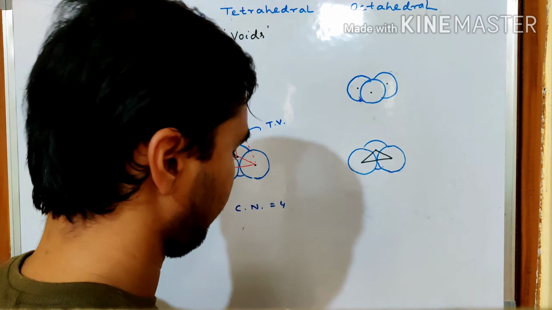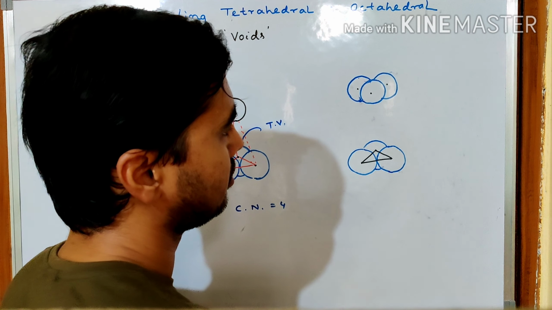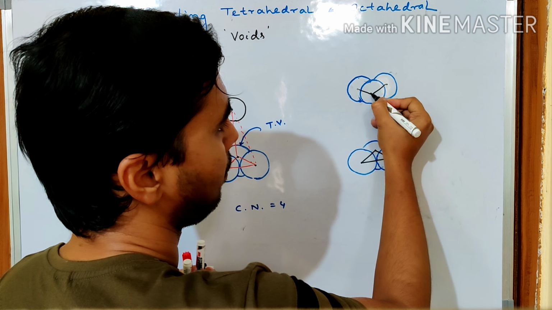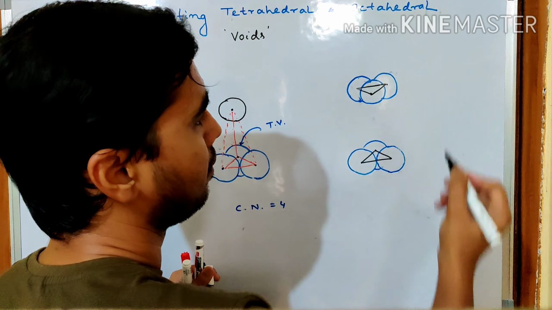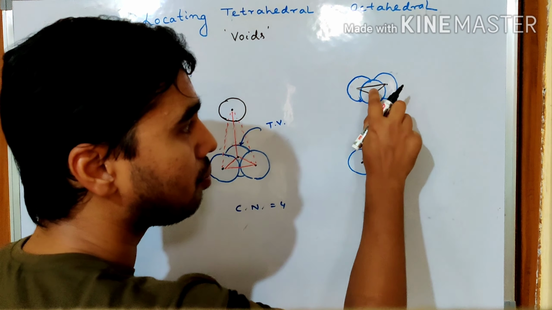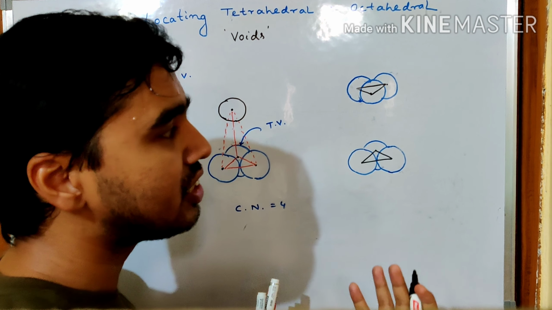Anyway, if I join this, it has also formed another triangle, but the apex of both the triangles are just on opposite sides.